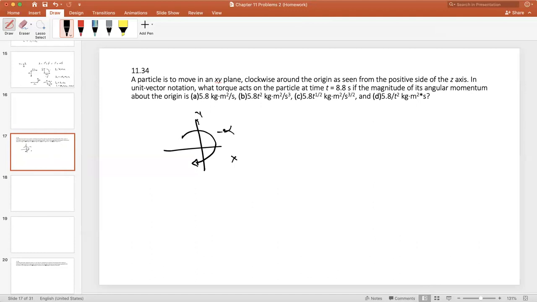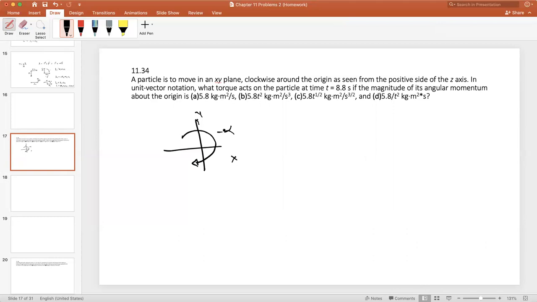In unit vector notation, what torque acts on the particle at a time of t equals 8.8 seconds if the magnitude of its angular momentum about the origin is 5.8, 5.8 t squared, 5.8 t to the half, and 5.8 over t squared?